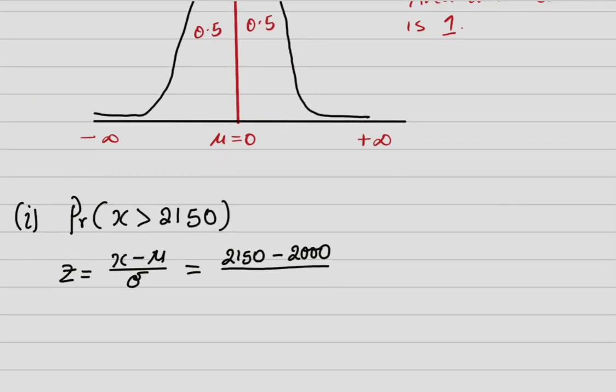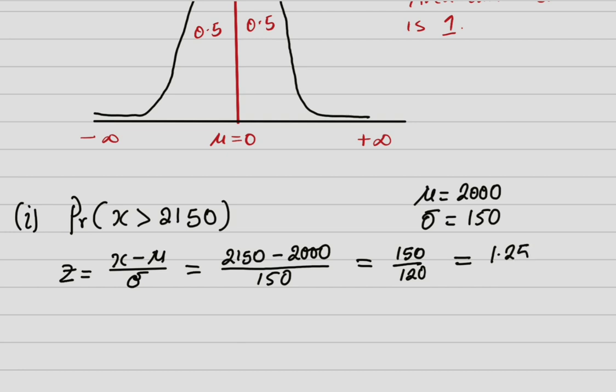So take note: mu is 2000 and sigma is 120. Doing this, we are going to have 50 over 120, and our answer is 0.42.